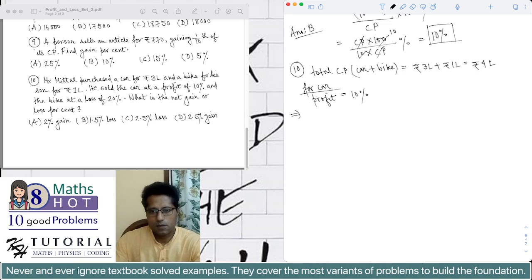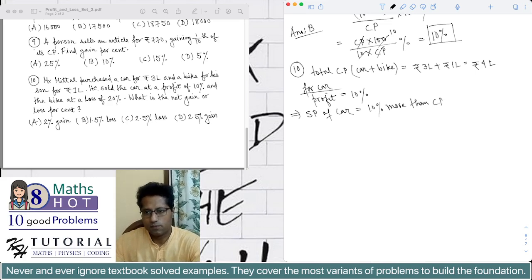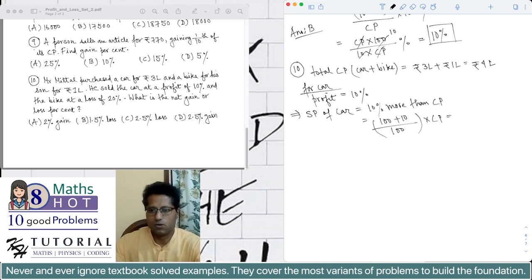This means selling price of car is equal to 10% more than the CP of the car, which is 3 lakh. 10% more than the CP means 100 plus 10 divided by 100 multiplied by CP, which is equal to 110 by 100 CP, which is equal to 11 CP by 10.